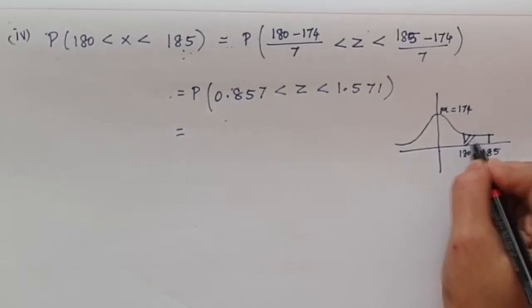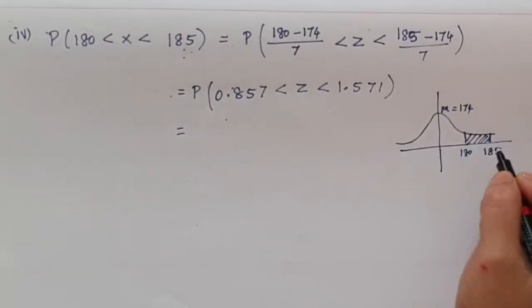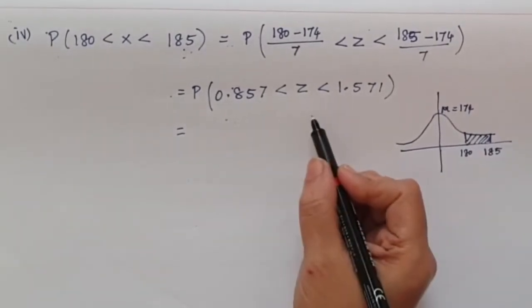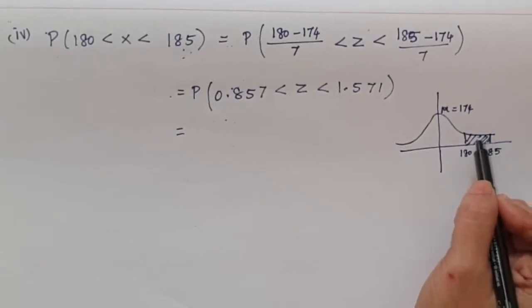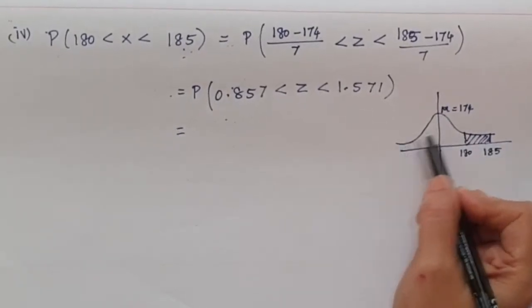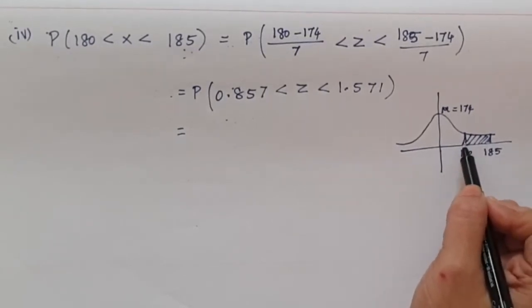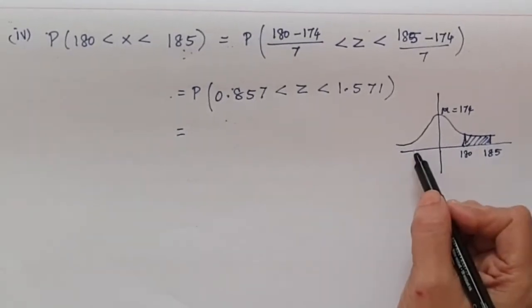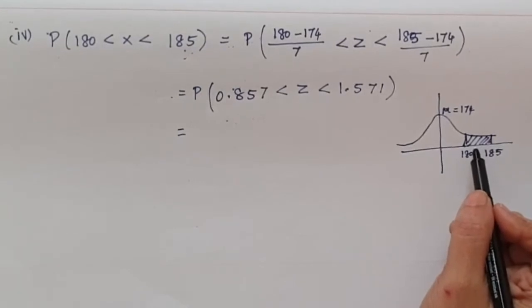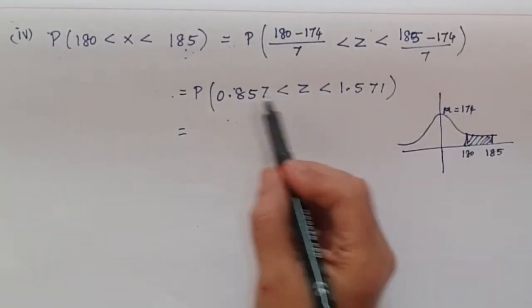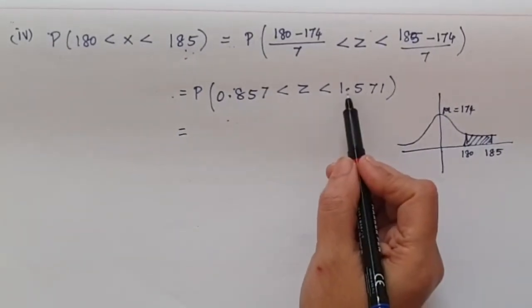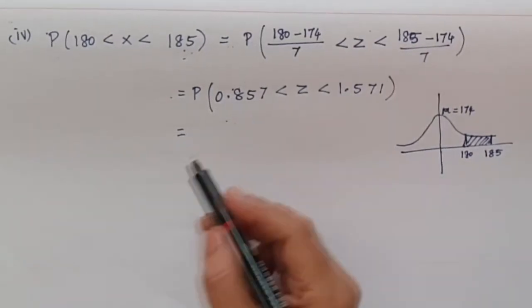We need to find the area under this. We know that we can only find the lesser values, so we find all the values lesser than 185 and all the values lesser than 180, and subtract the two answers to get our required value. So this can be written as this minus this.